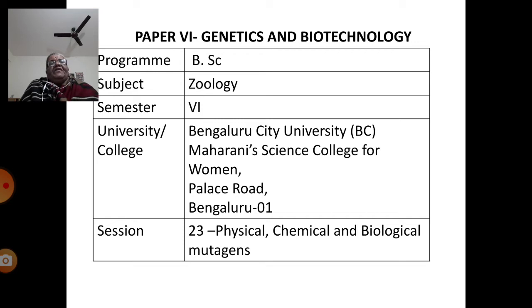In my previous session, I have taught you about the concept of mutation, types of mutation, and I have just briefed you about the concept of mutagen, an agent which brings about mutation. In this class, we are going to learn in detail about different types of mutagens like physical, chemical and biological, and their effects. Okay?